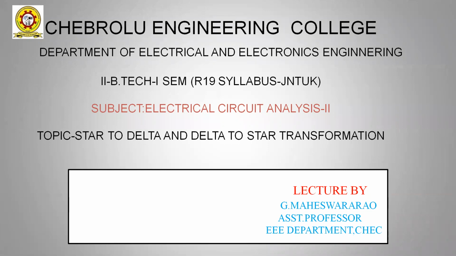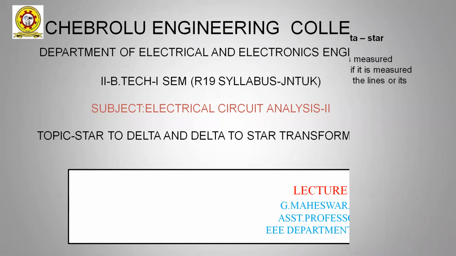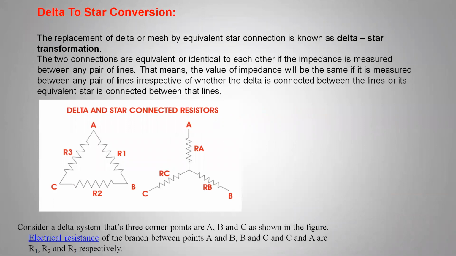Delta to star means the replacement of a delta by its equivalent star connection, which is called delta to star transformation. The two connections are equivalent or identical to each other if the impedance is measured between any pair of lines.